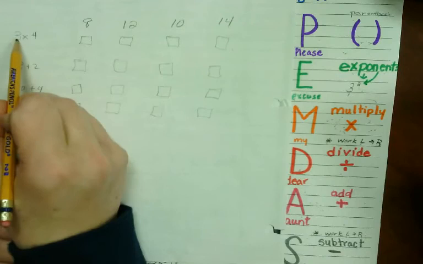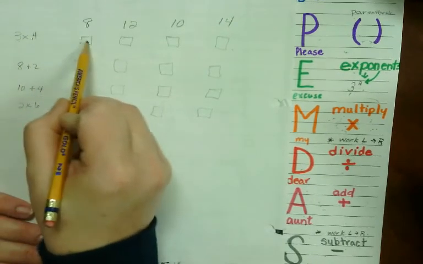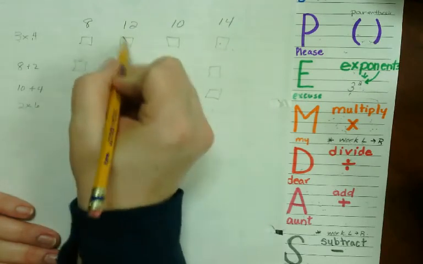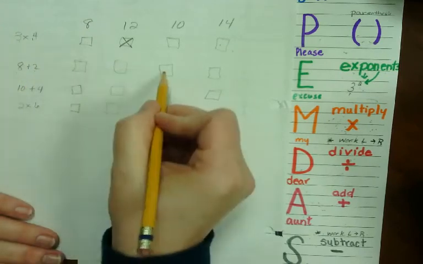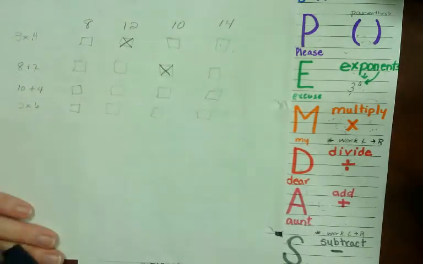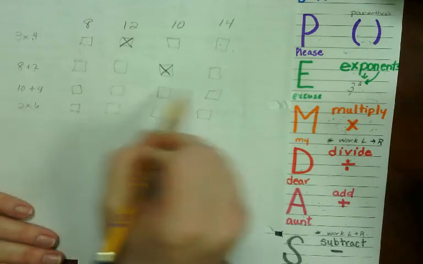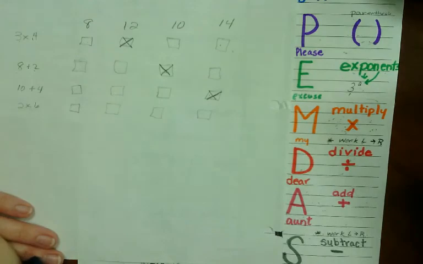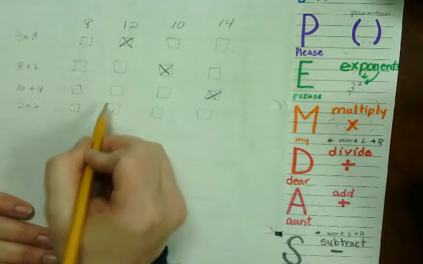So you just ask yourself, what's 3 times 4? It's 12. So you go across and you say, okay, where's my 12? It's there. Okay, what's 8 plus 2? It's 10. Right there's my 10. 10 plus 4, that's 14. 8 times 6, that's 12.